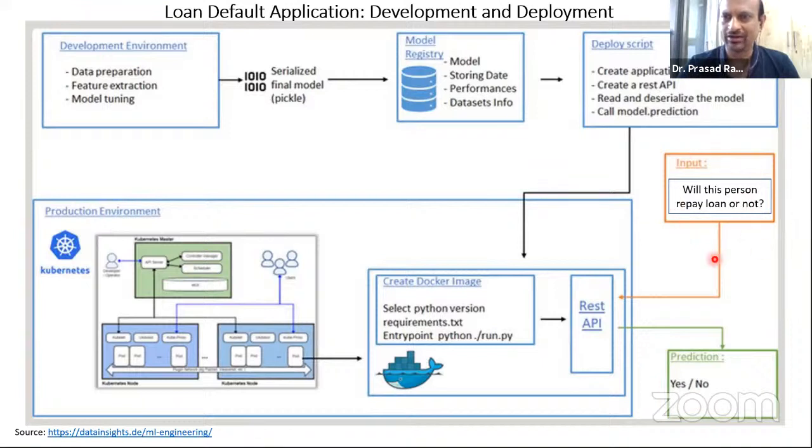We give certain parameters like his income, his date of birth, his tax returns and such details, and we are able to make a prediction of whether he is likely to repay his loan. This will enable us to decide whether to give him a loan or not.